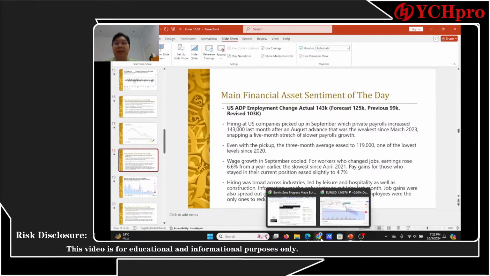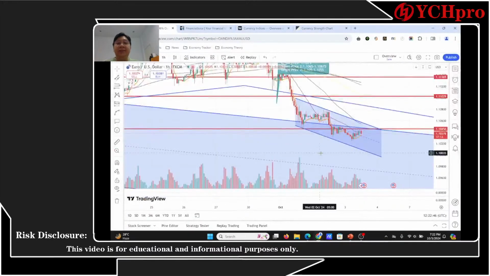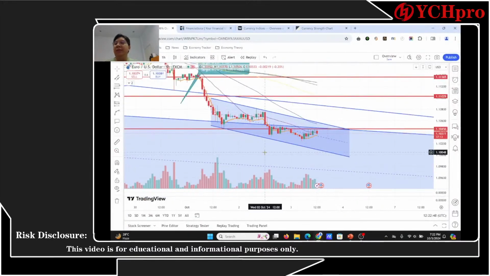So as a result of this data, we are actually seeing the possibility of the Euro considering another further interest rate cut. Why?